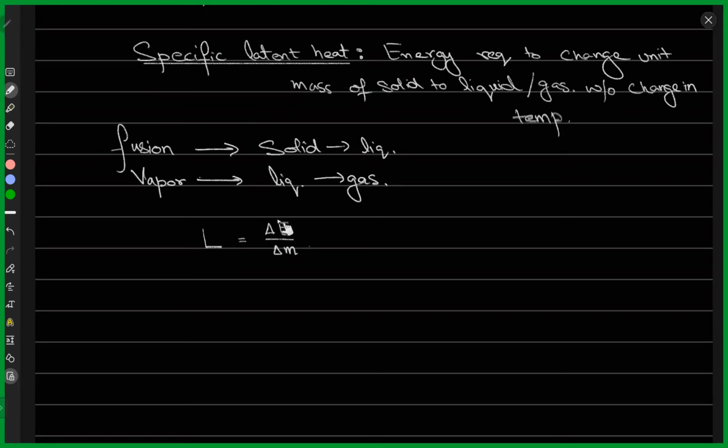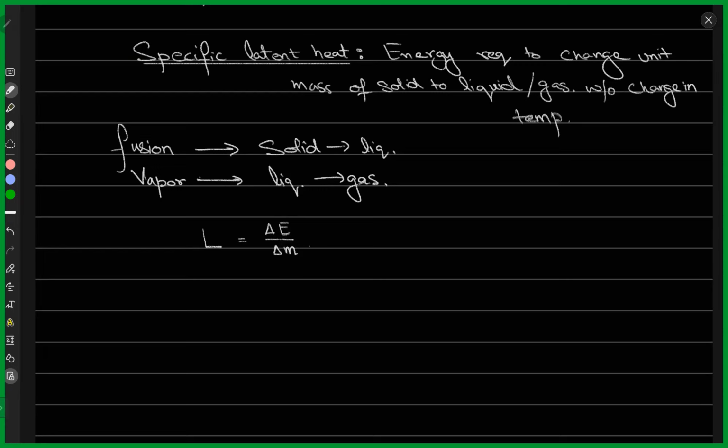Delta E is the energy that I'm supplying to the system. And delta M is that amount of mass which is converted from one state of matter to another, right? Is that clear? Yes. Okay.